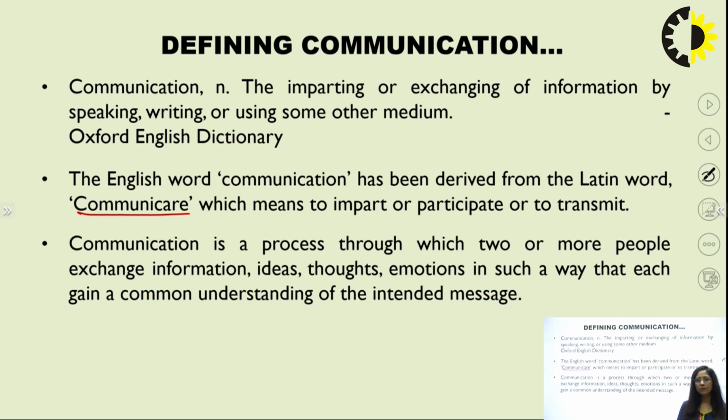Communication is one of our basic needs. We need to communicate with many people for personal and professional purposes. But while communicating, we may face many hurdles or problems. Sometimes the message is not passed properly or gets lost. There are chances of misunderstanding between the sender and the receiver.